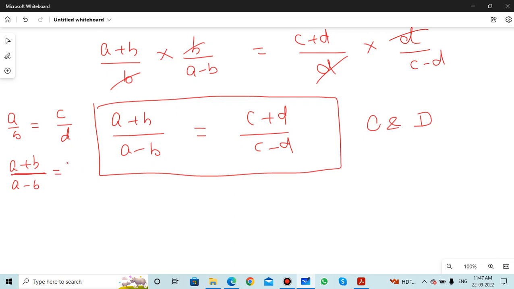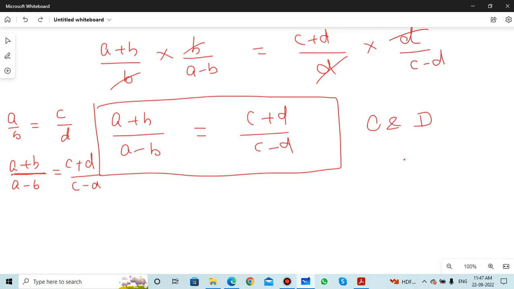Here C will be numerator C plus denominator D, and the denominator will be numerator minus denominator. So simple, this is how you have to remember it. This is more important in a sense because it will be used extensively in the questions that will come up.